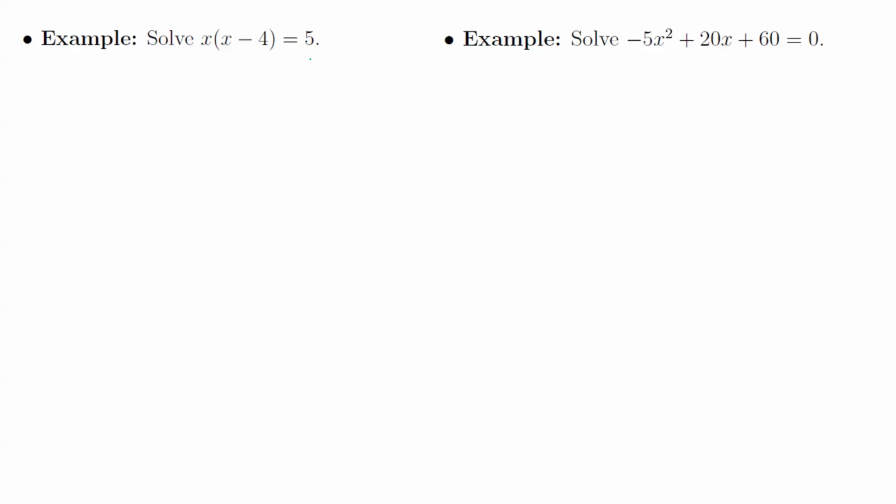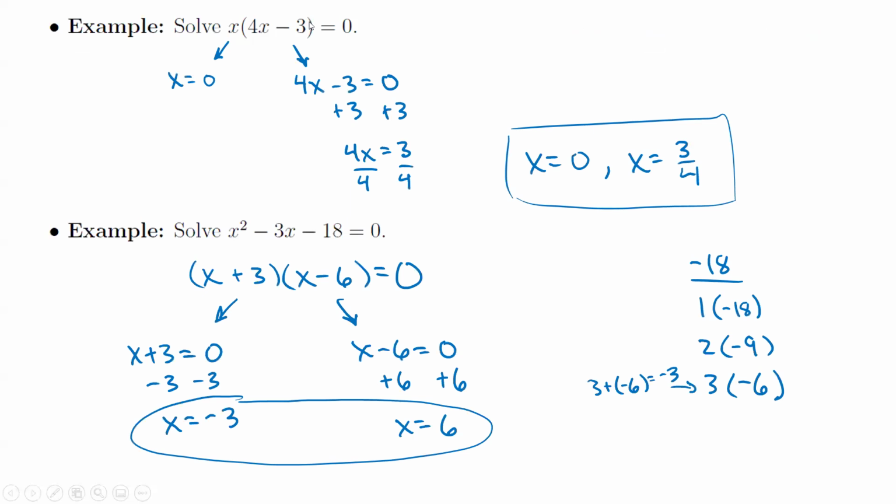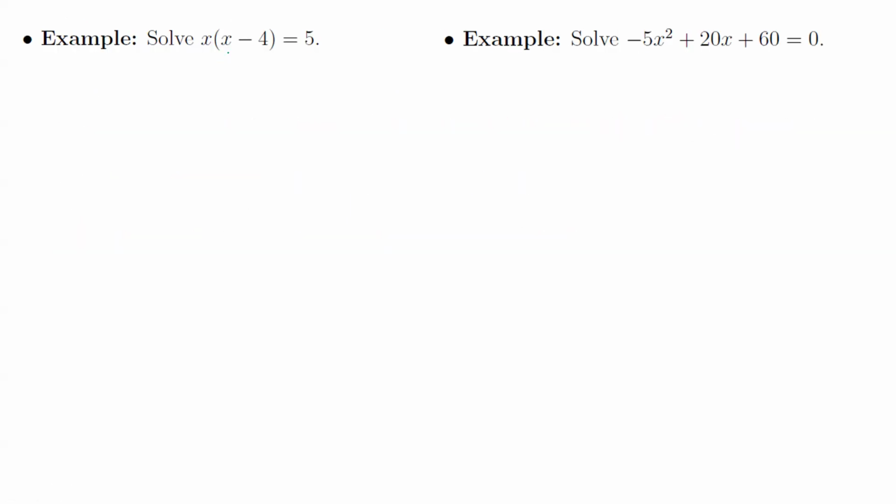So if we could scroll back a few, right? Like in this example, we were able to just immediately set x to 0 and 4x minus 3 equal to 0 because the product was equal to 0. So we could apply the zero factor theorem. Here, I have quite a bit of work to do actually, because it does me no good to have it factored if the other side isn't 0.